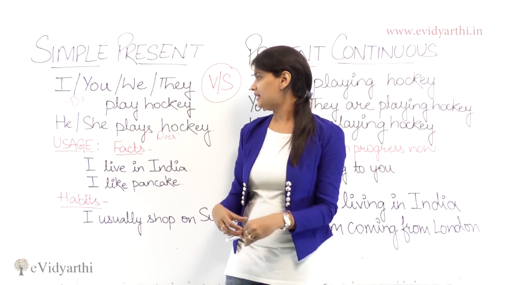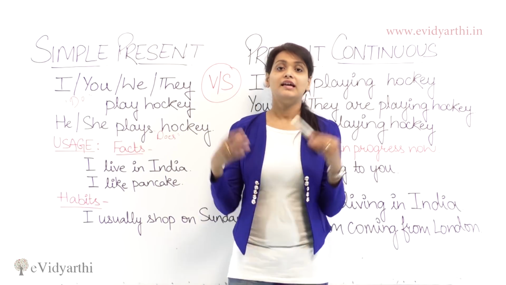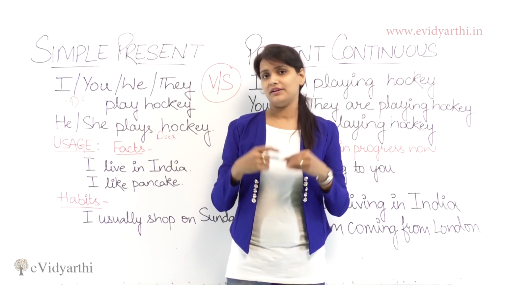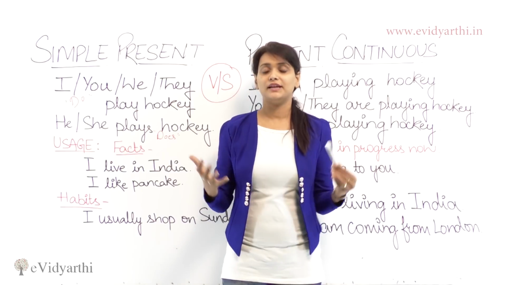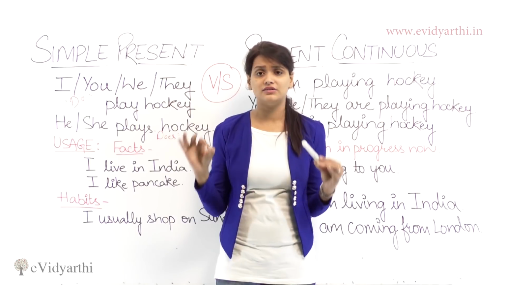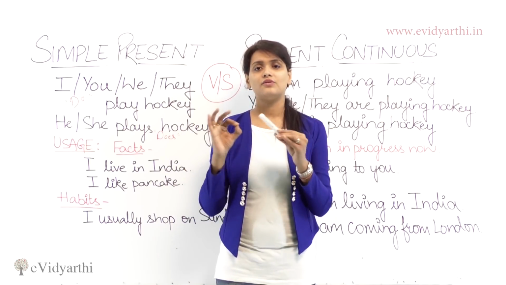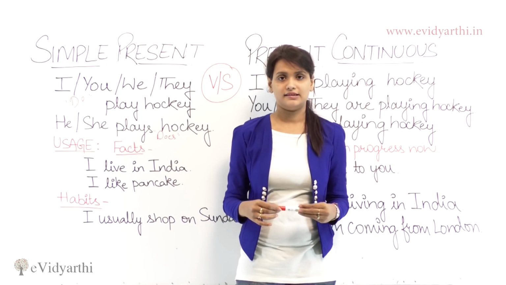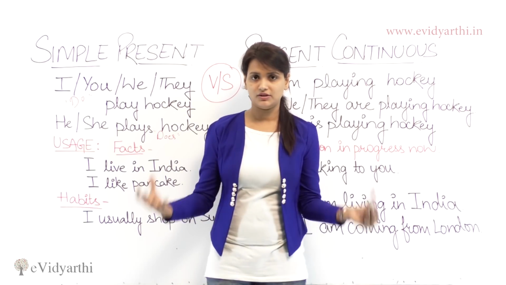She does not play hockey. He does not play hockey. Does she play hockey, or does he play hockey, or does Mansi play hockey? In short we can say we do not use s or es with the main verb when we use does in a sentence. It may be about the negative, it may be about the interrogative.